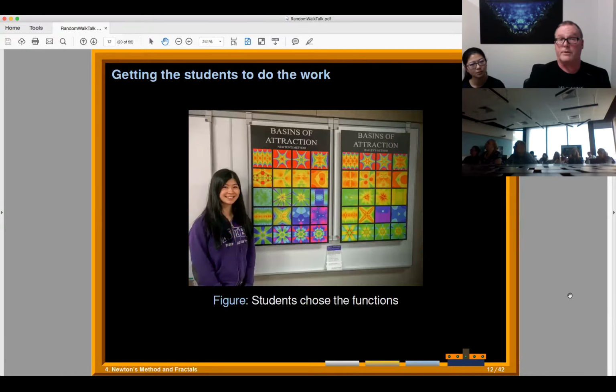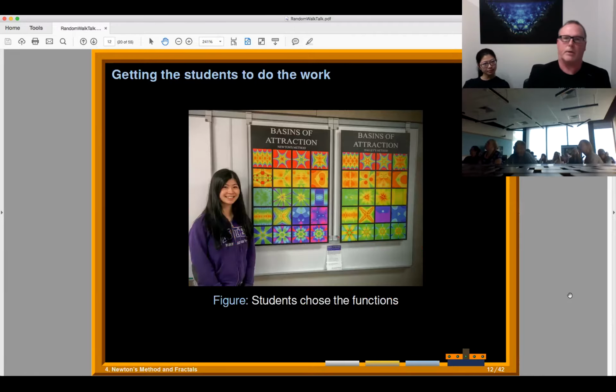After you get the students to play around a little bit, they want to explore. And what we did was I wanted to have a competition. Here, find the most beautiful fractal. And the students didn't want to do that. They said, no, we'd rather just go and do lots of different ones. And so they chose a whole bunch of different functions on their own and made Newton fractals using Maple out of each of those.